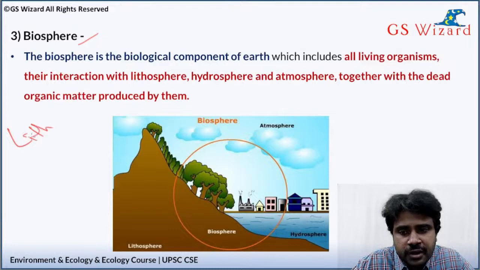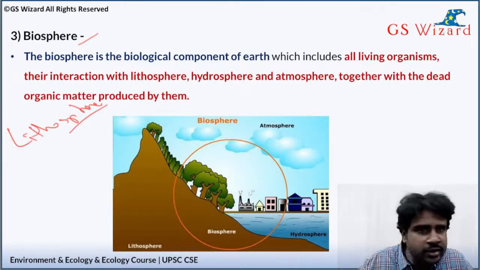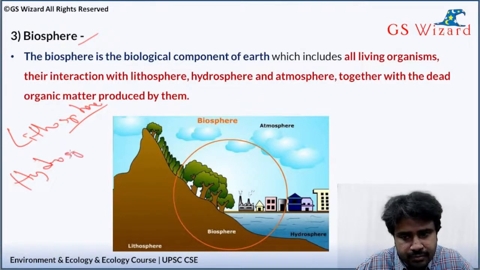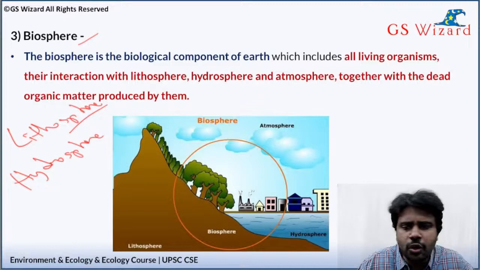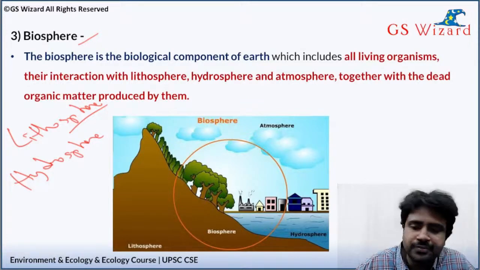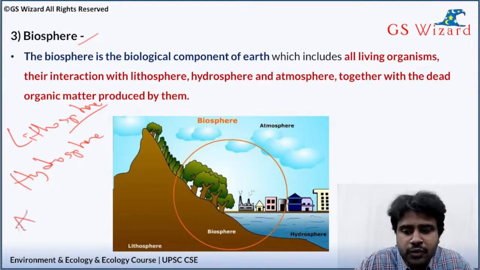First component, lithosphere. So what do you mean by lithosphere? All the land mass. And next, hydrosphere. What do you mean by that? All the water. Let it be oceans or let it be freshwater bodies like rivers, lakes, ponds. That is hydrosphere. And then you have atmosphere.